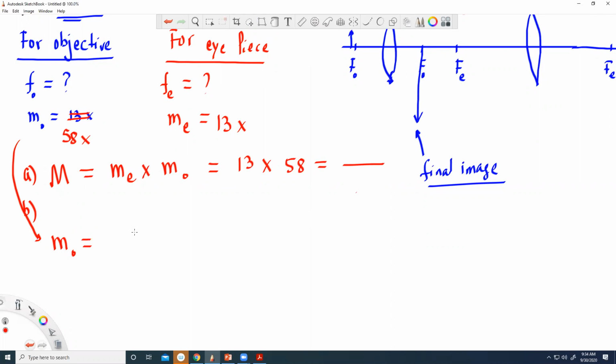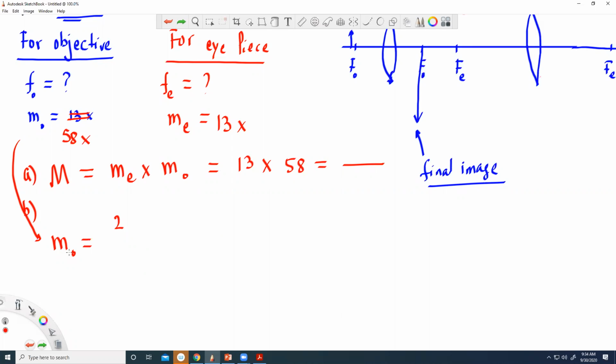And for magnifying glass, the magnification is 25 centimeter over the focal length of the objective. Let's see, no, not objective. Eyepiece, this side acts as the magnifying glass because it forms the virtual image, okay?